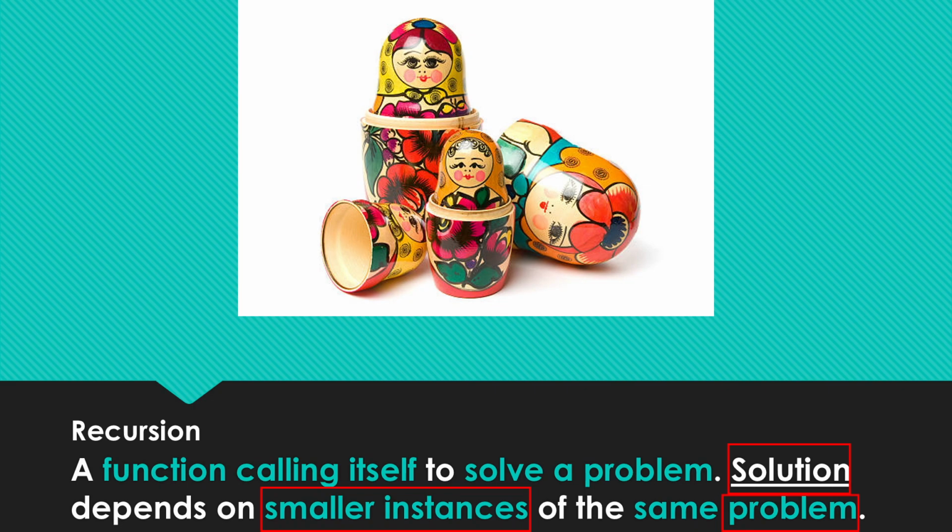So when a problem has a solution that can be divided into smaller instances of the same problem, then we say that it's a recursive problem, and we use a recursion solution to handle it. Now, recursion in programming is when a function calls itself in order to solve a recursive problem. So that is what recursion is.